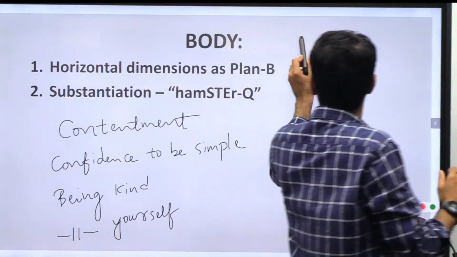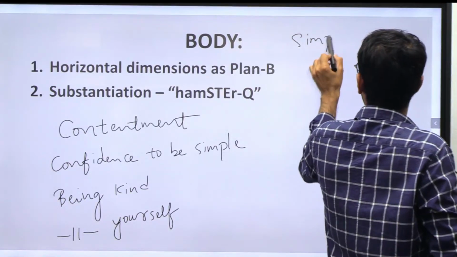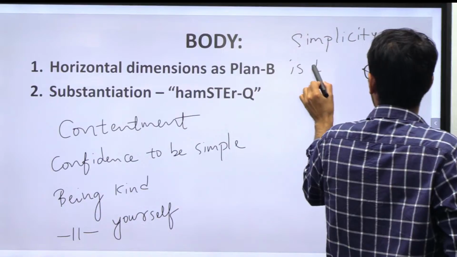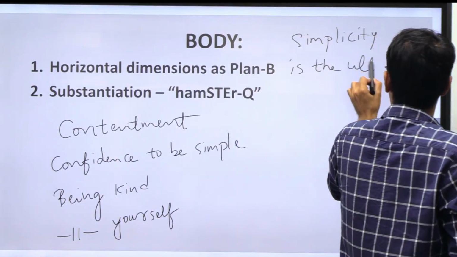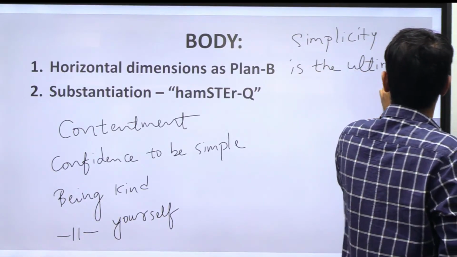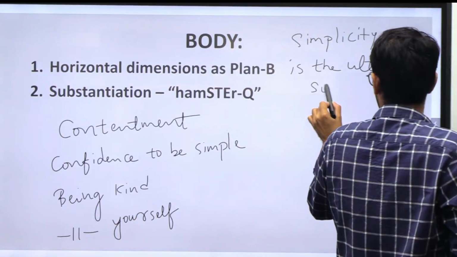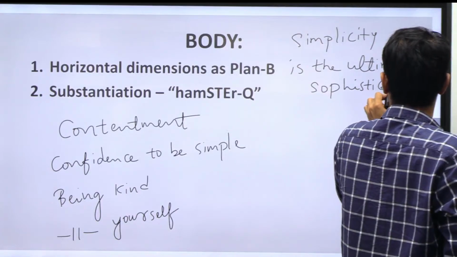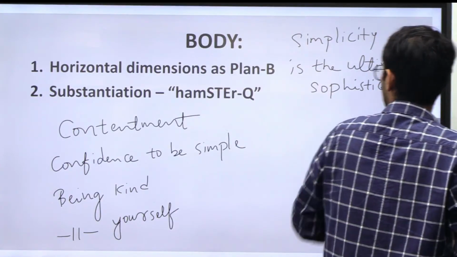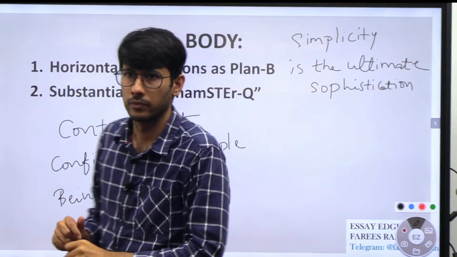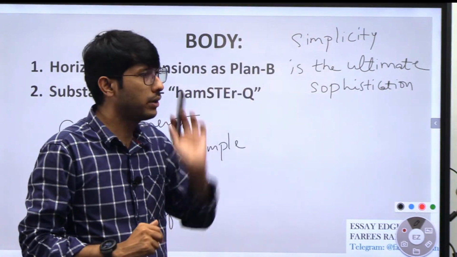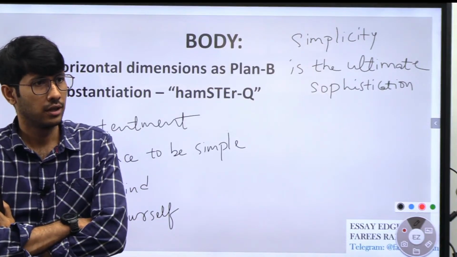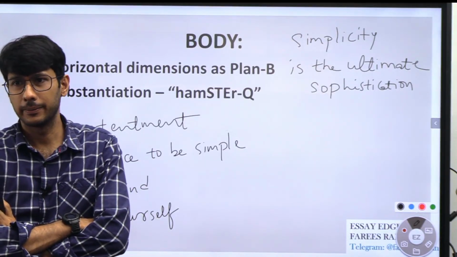I'll just write the topic here. So now if I have to relate contentment to the topic, simplicity is the ultimate sophistication, how exactly do I relate to it?